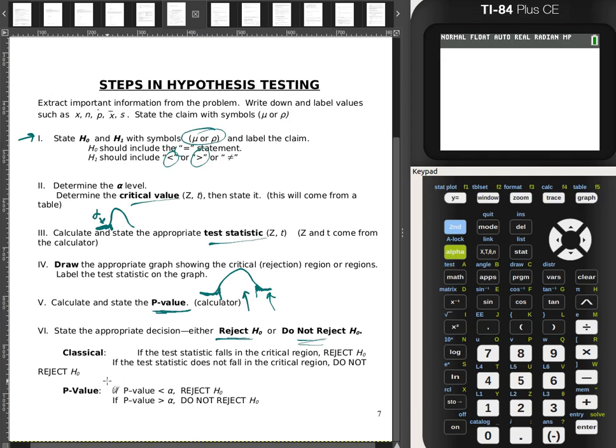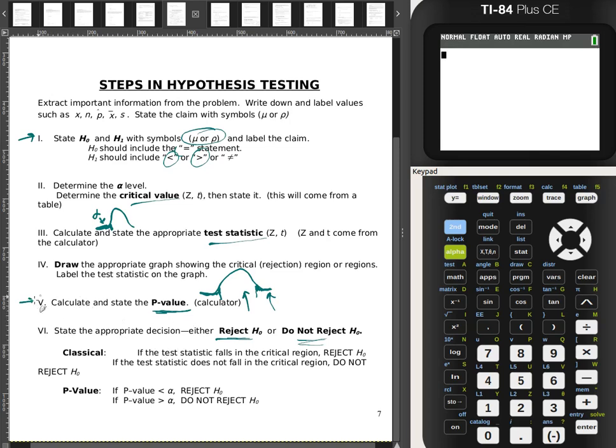Here we just see a couple of different approaches, where the classical approach would be: if the test statistic is in the critical region, then you reject the null hypothesis. There's another way to phrase that, which has to do with the p-value and the level of significance, but these are the same idea. It's just whether you're talking about the critical value or the critical region. It kind of draws into question step number 5.